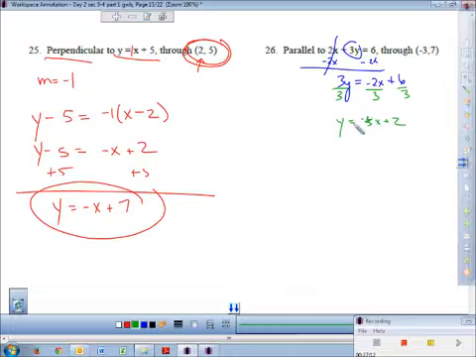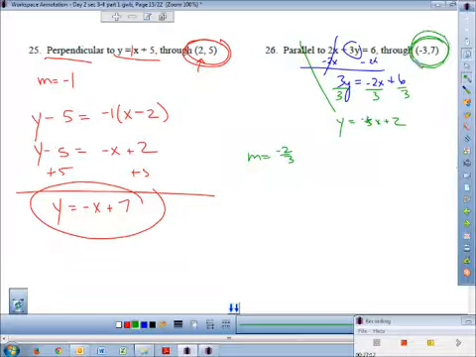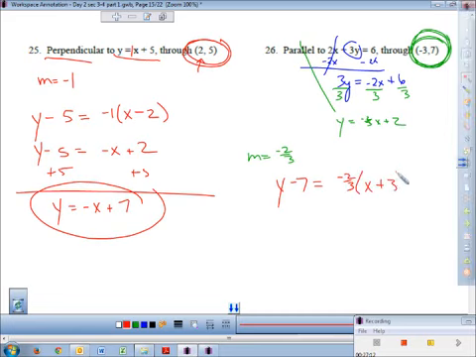So you know the slope of this line is -2/3. P word, parallel. The slope of our line should be -2/3 also. Got to go through this point. It is not a y-intercept because the x value is not 0, so y minus 7 equals -2/3 times the quantity of x plus 3, and distribute.